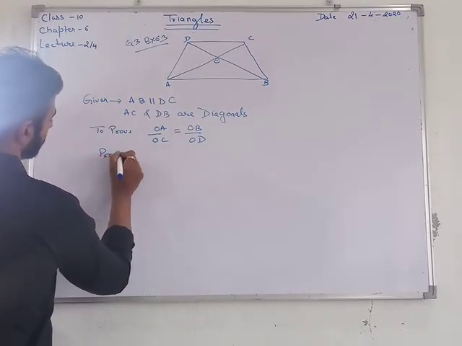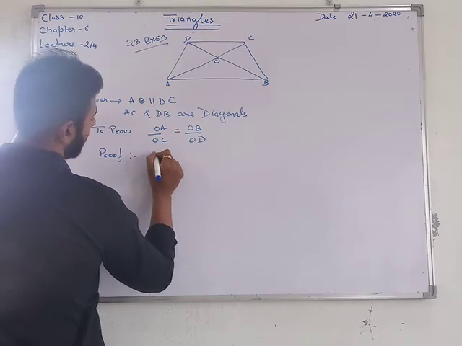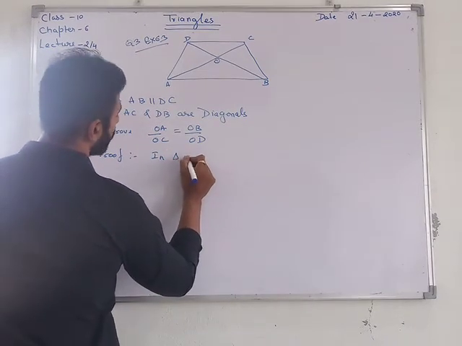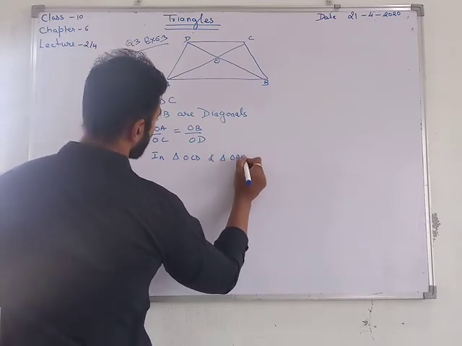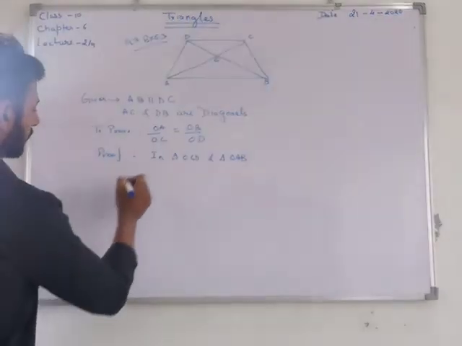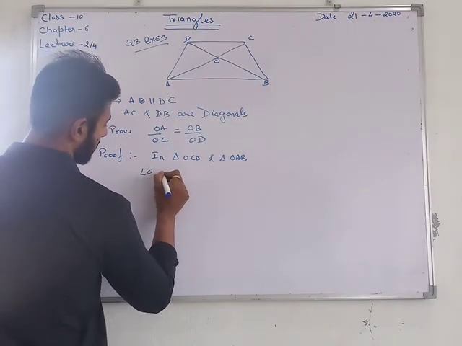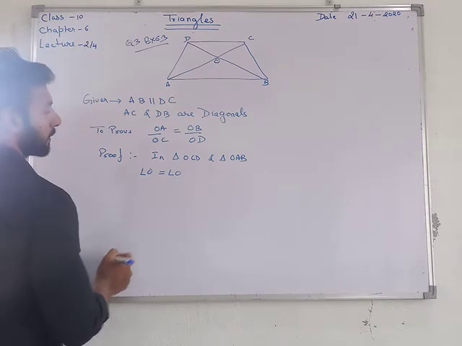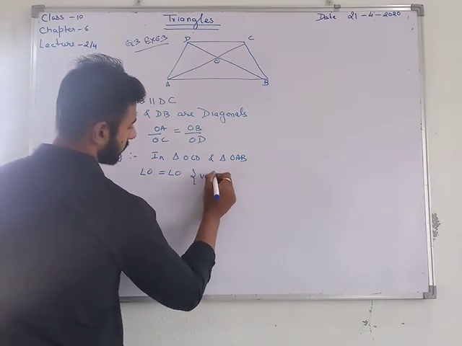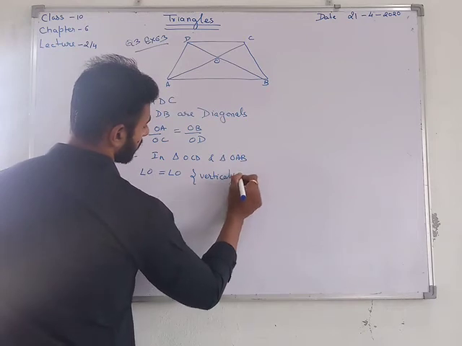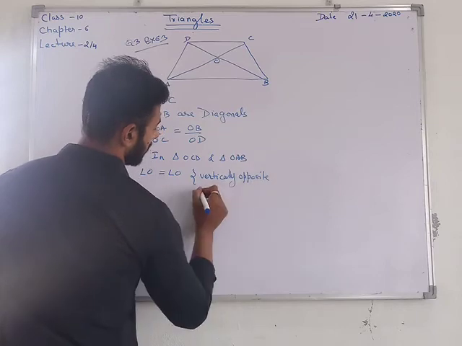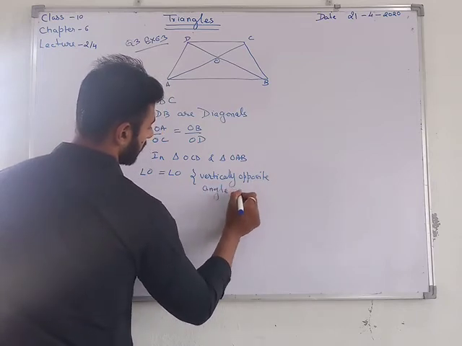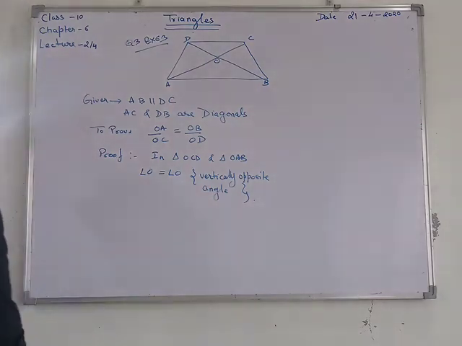Proof. In triangle OCD and triangle OAB, angle O is equal to angle O, vertically opposite angles.